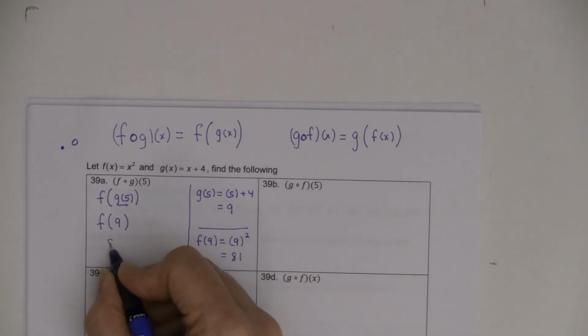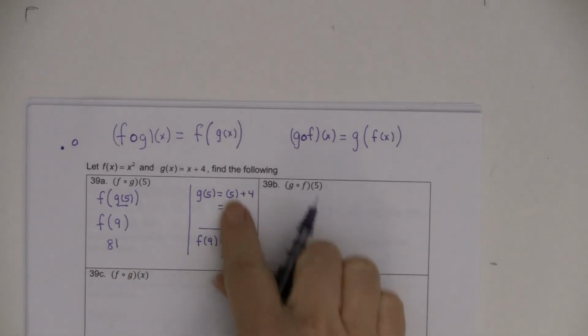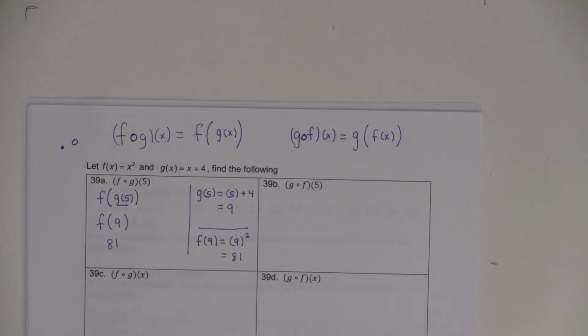So this is 81. And my scratch paper over here, I like to put it on the scratch paper so that I can kind of see what I had, and it doesn't gum up my work a lot over here. Your choice, right, how you do it.